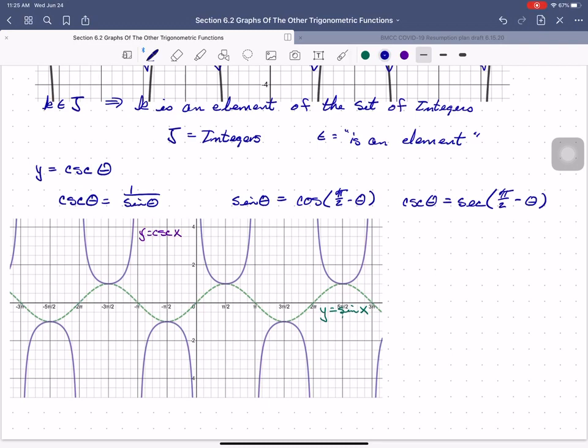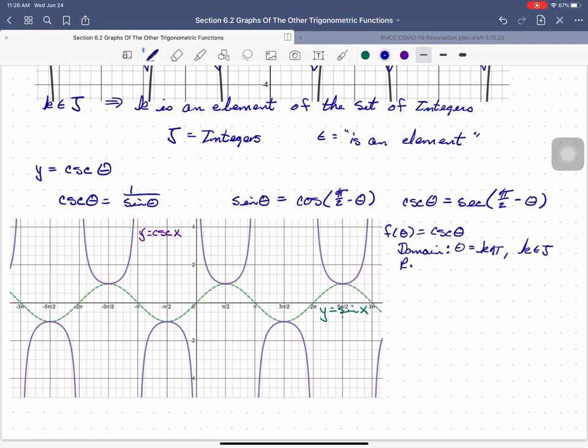Okay, so let's talk about the cosecant function. The domain for cosecant is theta cannot equal any k pi, where k is any integer.